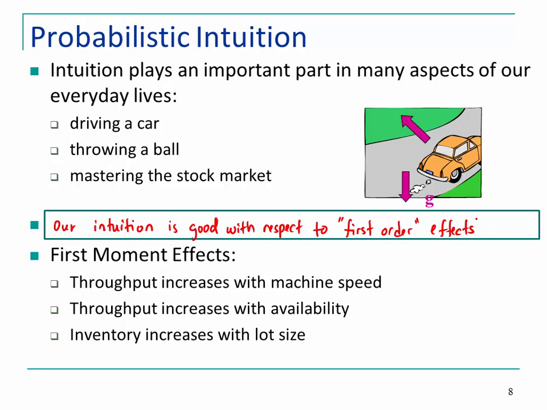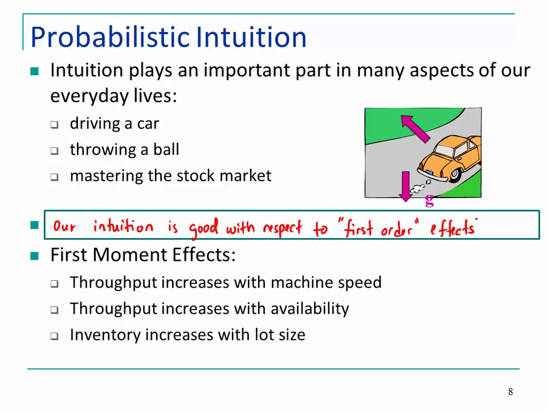For first moment effects, and I don't know how deep your understanding of probability and statistics is, but if you have taken some statistics courses in which they define the moments, you know that the first moment is the average, the second moment is the variance, and there's a third moment, I think it's skewness, and so on. So you can define multiple moments of a statistical measurement. But for this particular class, we're going to focus on the first moment and the second moment, which is the average and the variance.